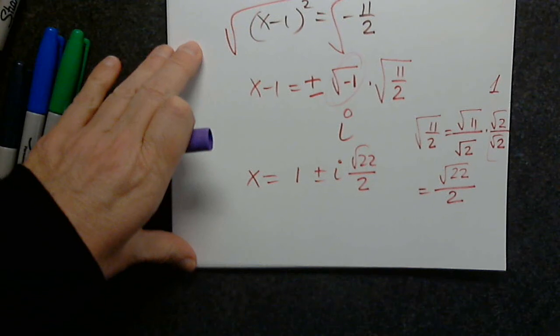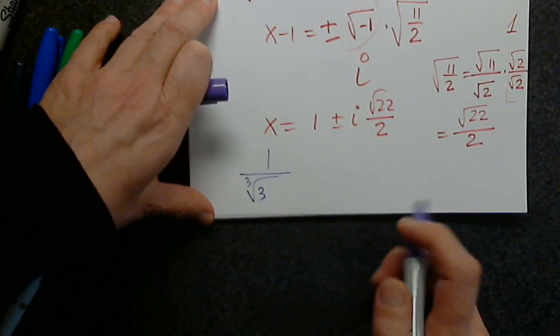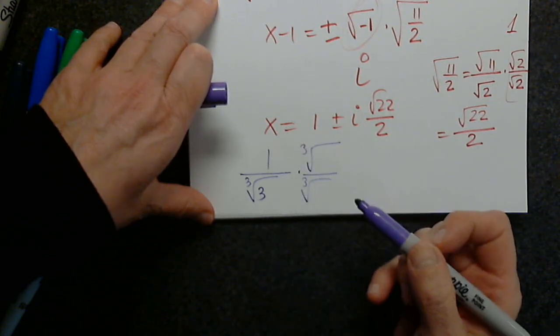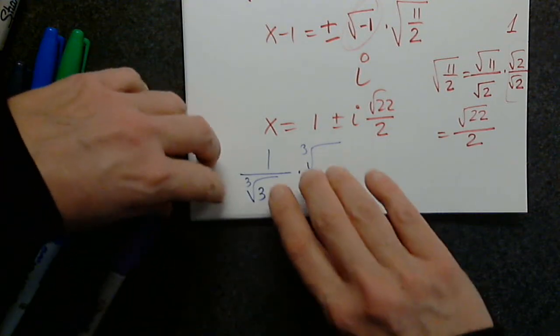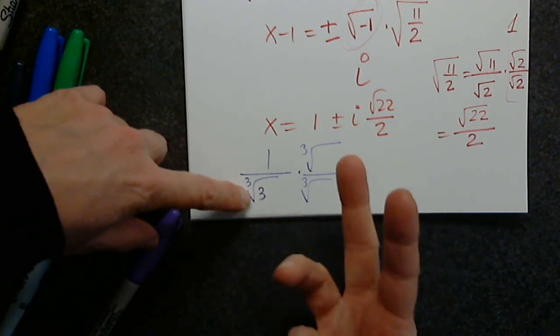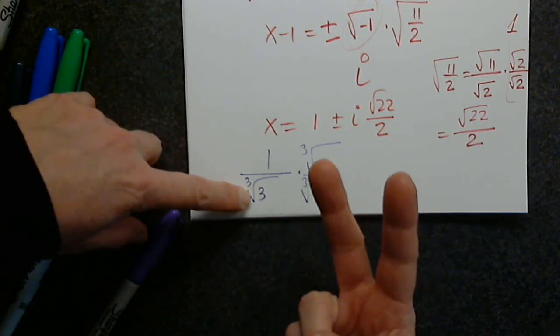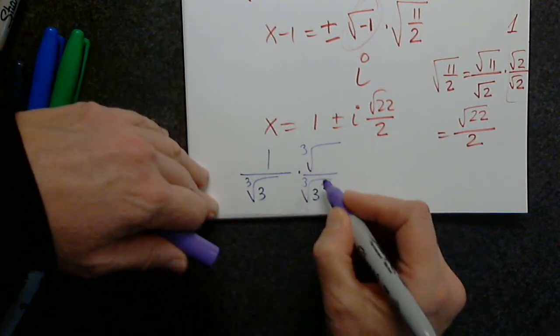But now if I have, let's say, 1 over the cube root of 3, I need to rationalize using the same cube root. But what do I need? This time I need to form a perfect cube. And I only have 1 three. I have 1. How many am I missing? 2. So this time I have 3 squared.